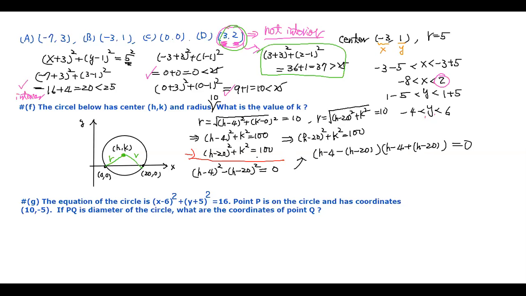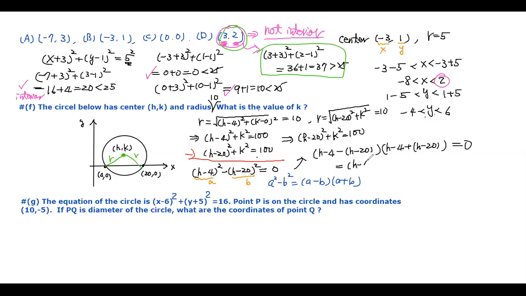From here to here, I use this formula: a squared minus b squared is equal to a minus b times a plus b. This is my a, this is my b, right? So that's why I can simplify it. Okay, so now let's be careful about our algebra.